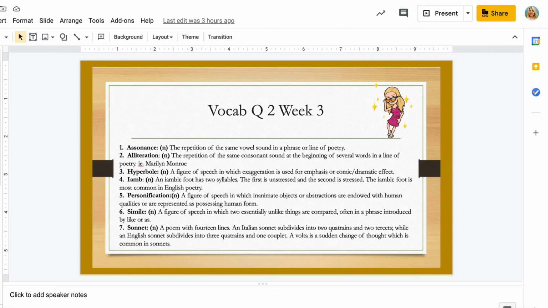An English sonnet subdivides it into 3 quatrains and 1 couplet. Now, when you have a volta in a sonnet, you've got a sudden change of thought, and it's very common for sonnets to have that sudden change of thought.